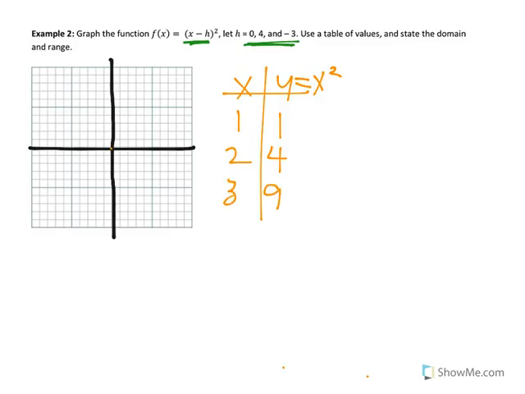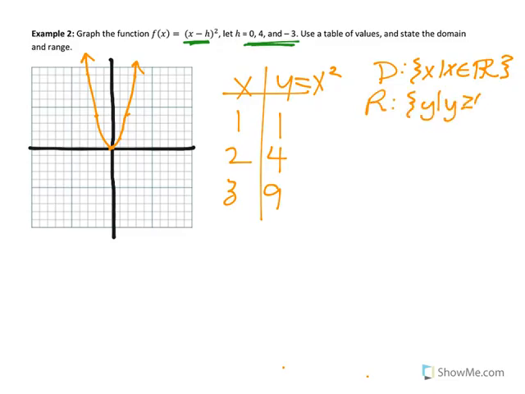And we'll start with that. So there is our function. And we already know the domain is all the real numbers, and the range is greater than or equal to 0.